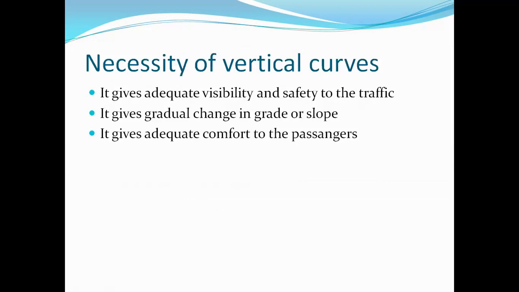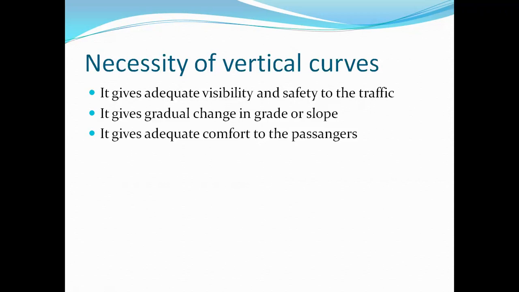Then the next point is the necessity of vertical curves. Now see why vertical curves are necessary. The first necessity of vertical curves is that they give adequate visibility and safety to the traffic. Then they give a gradual change in grade or slope.